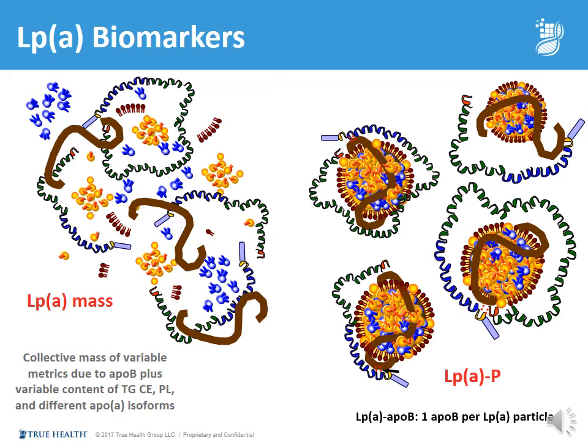And is the same true for LP little a particles? Future studies will determine that, but certainly it is intuitive that an LP little a particle count may well be the most desirable metric when assaying risk related to lipoprotein little a.